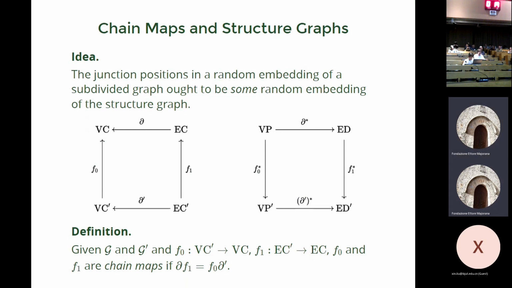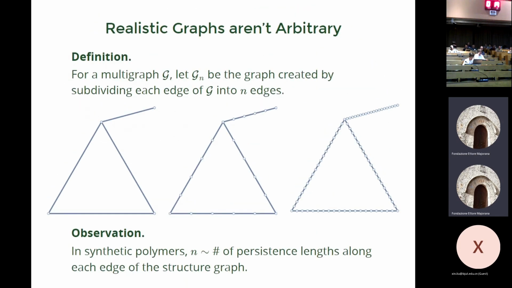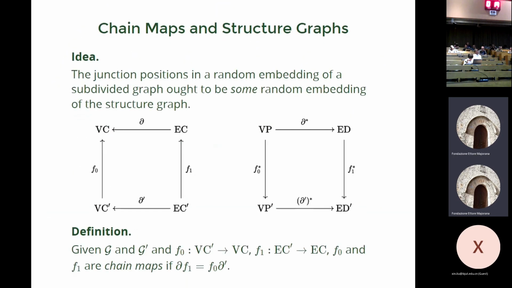The way to think about this, in this picture back here, is that this vertex in this graph gets mapped to this vertex in this graph, and this vertex to this one, and this one to this one. Then clearly this edge should get sent to the sum of these edges, because this edge connects that vertex to that vertex, but this is that, and that is that, and so the edge between them has to correspond to some path between the two endpoints. And this is just capturing what I just said in symbols.